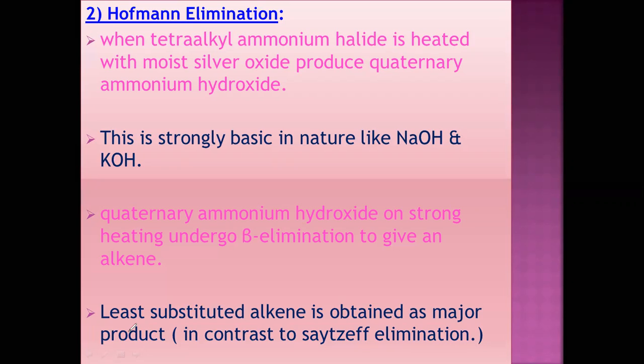The more substituted alkene is obtained as the major product in Saytzeff elimination. But in this reaction, a less substituted alkene is obtained as the major product. So this reaction is called Hofmann's elimination reaction, which is in exact contrast to Saytzeff elimination reaction.